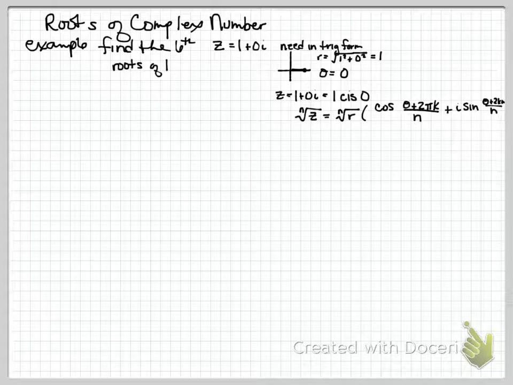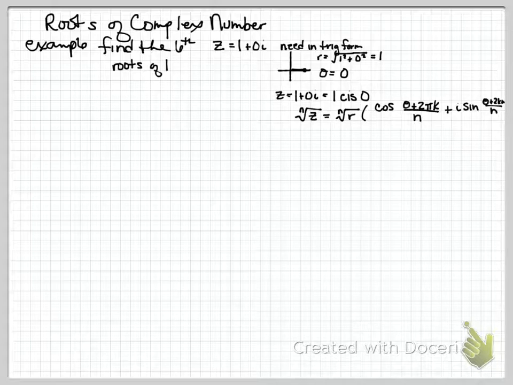Now n is going to be your root. k is where we get all of our different roots. If we're looking for the cube root of something, that means there were 3 things, a number that was multiplied 3 times.